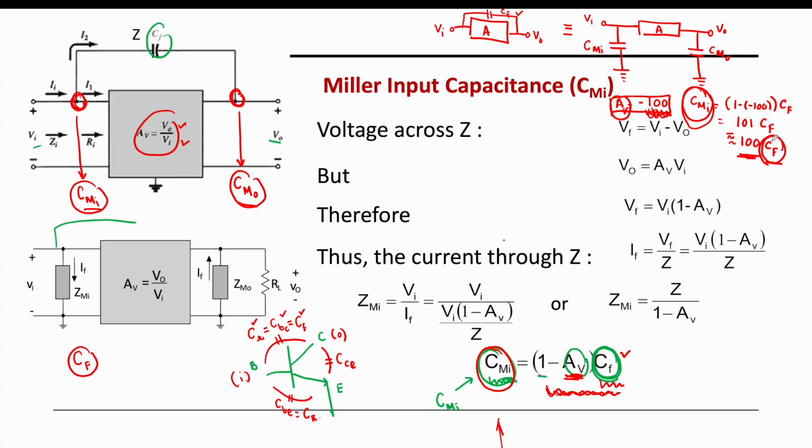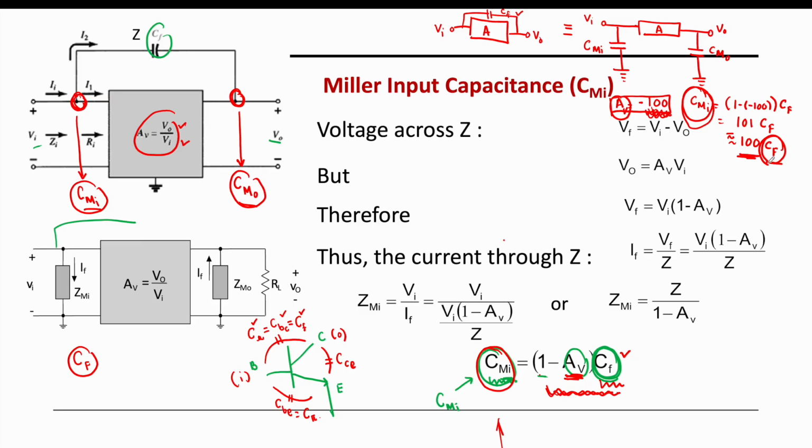Alright, I hope this is clear. So the Miller effect input capacitance is the voltage gain multiplied with the feedback capacitance.